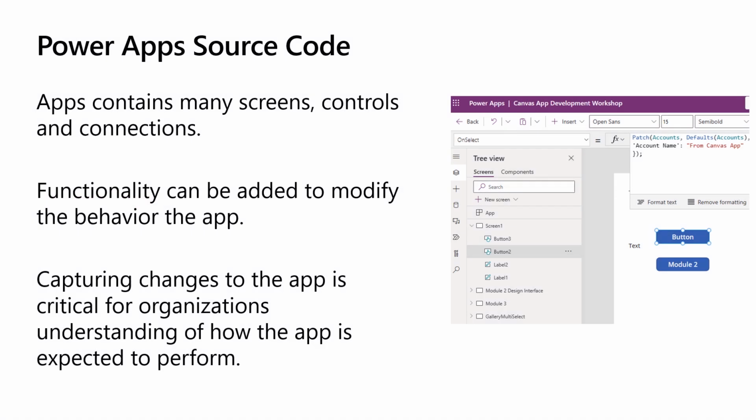So for PowerApps source code, one of the benefits is that we can capture any changes that have been made to the behavior of the app. You can see in this screenshot, we have a button that has an onSelect property. When the button's clicked, in this case, we're going to be updating an account record, the account name.